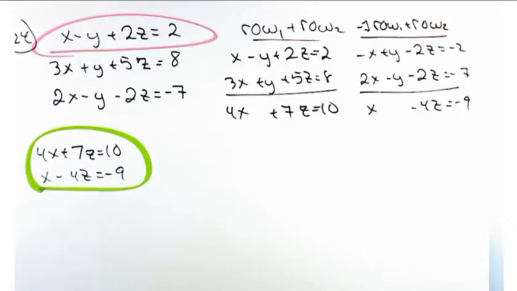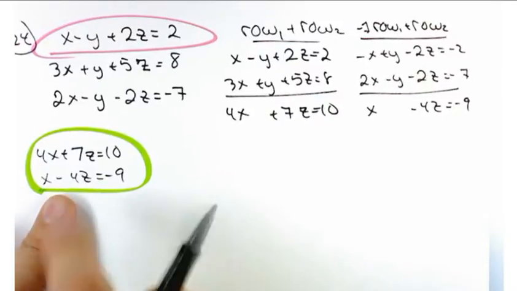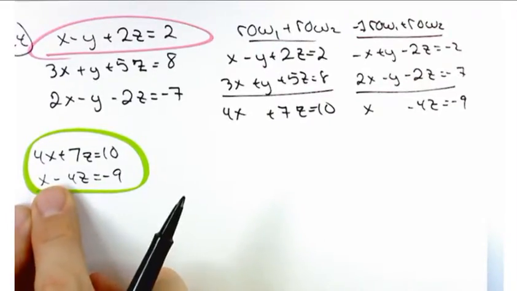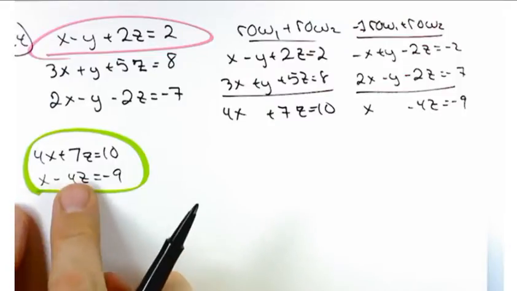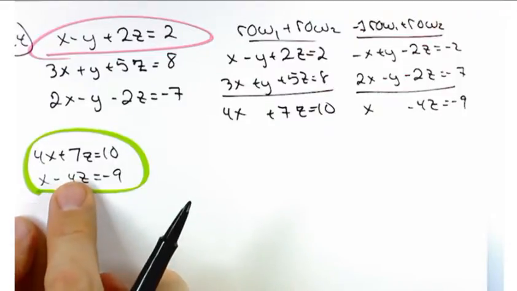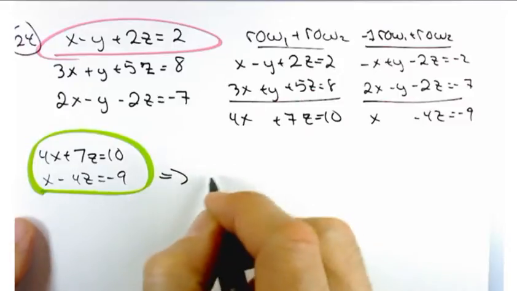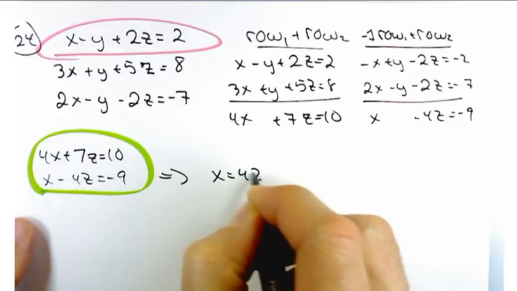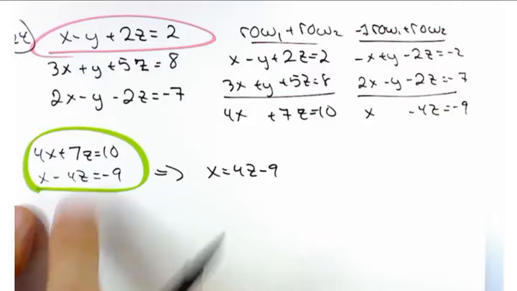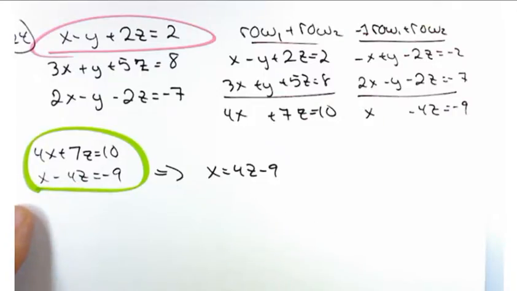You're free to solve these any way you want. Graphing, substitution, addition. Later on, we'll learn Cramer's rule, inverse matrices. There's no shortage of ways you can solve this, but let's keep it simple. For me, I don't know, 2 things look pretty easy. One would be substitution method. Let's rewrite this as x equals 4z minus 9, just moving the 4z term to the right-hand side.